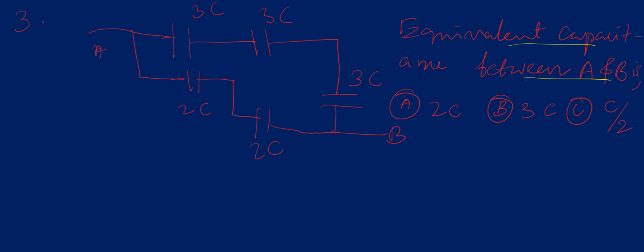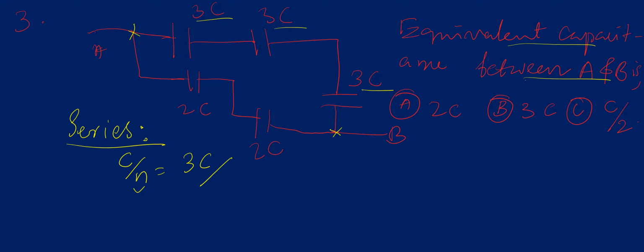Equivalent capacitance between A and B. Here in this network, these three capacitors are in series. So in series connection, if the capacitors are equal, we can write the effective capacitance as C by N. Here the capacitance value is 3C and the number of capacitors is 3.